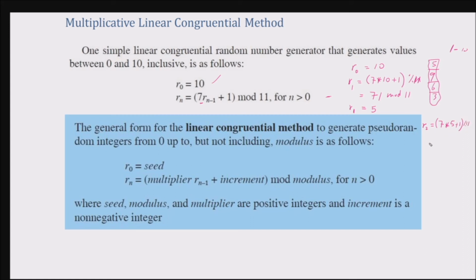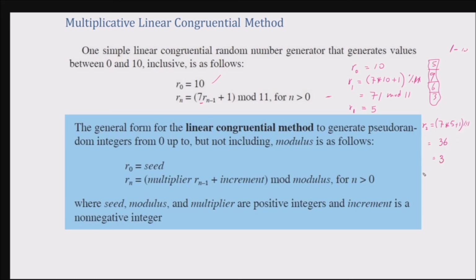So what do I get here? I get 36, so 36 mod 11. That will be equal to 3. 33 is the closest, 11 times 3 goes in, so then 3 remains. So that's what it is.